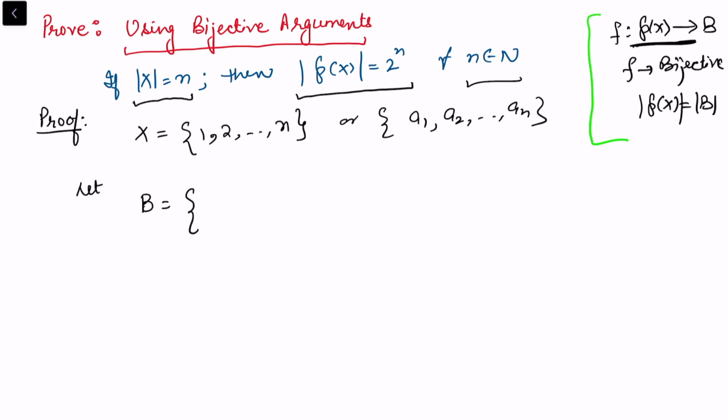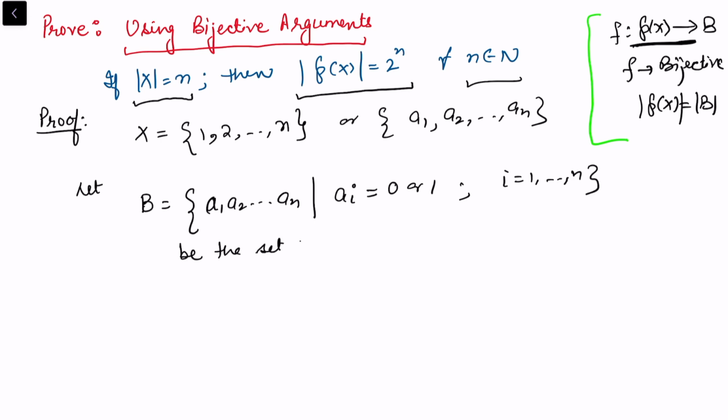To do that, I am defining the set B as a set of binary sequences (A1, A2, up till An), where each Ai can be 0 or 1, with i varying from 1 to n. Let B be the set of all binary sequences of length n.